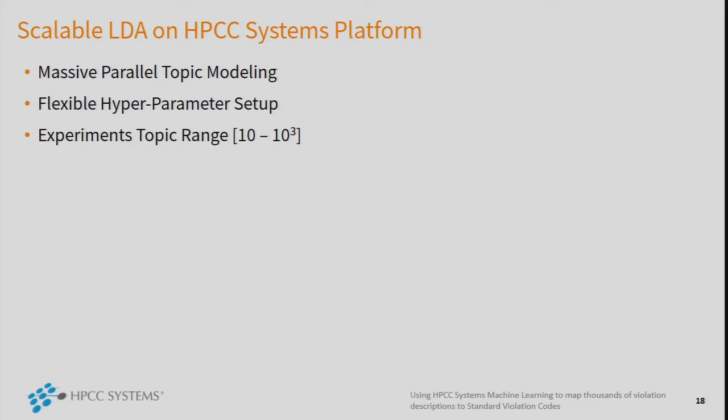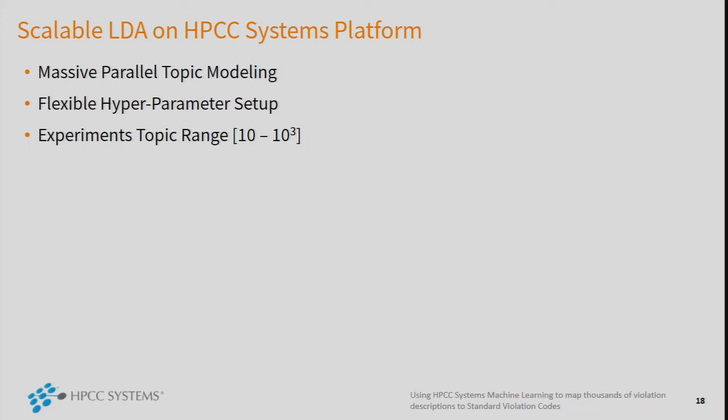Yeah, so for LDA, we have many hyperparameters, like alpha, beta. They are the numbers to control how LDA runs on the documents. And for this, we can run thousands of different sets of parameters in our scalable LDA in parallel.